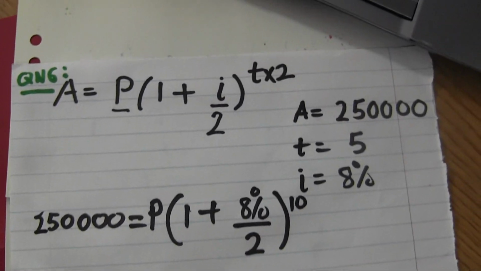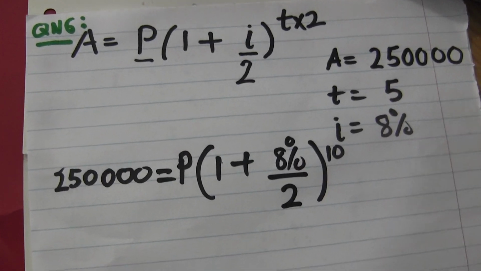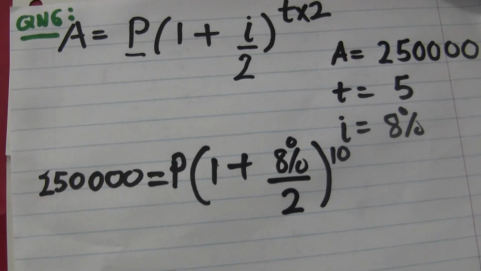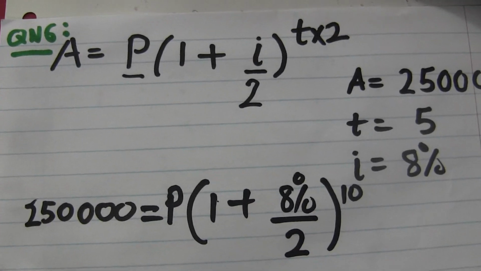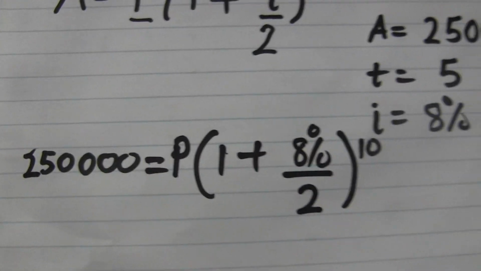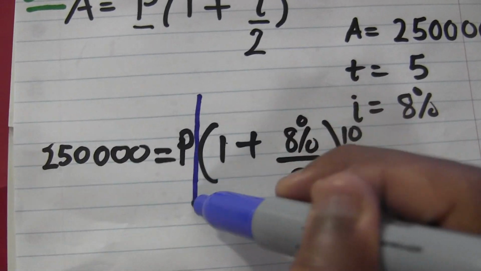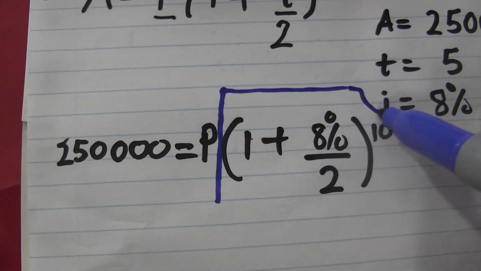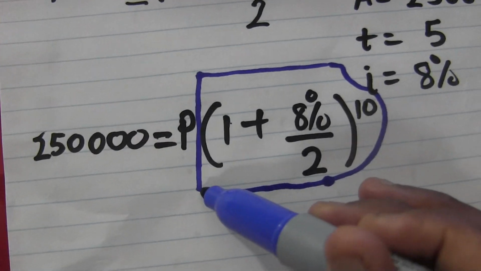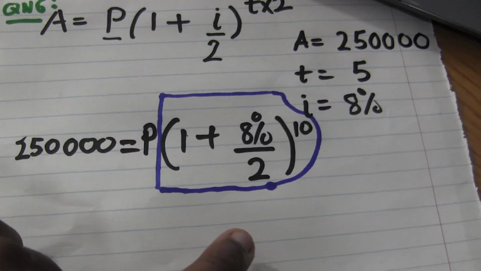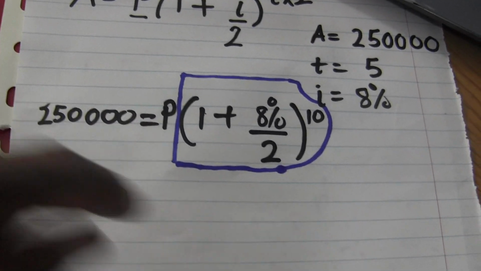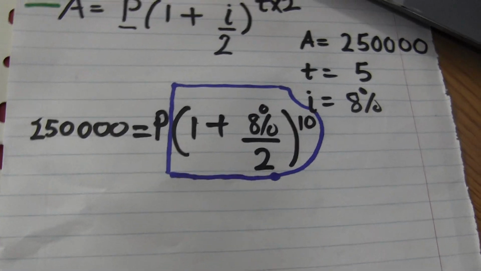Now we plug all this into the calculator and get one number. Or if you don't want to do this, since I'm looking for P, I can divide throughout by this amount. Or I can just simplify.